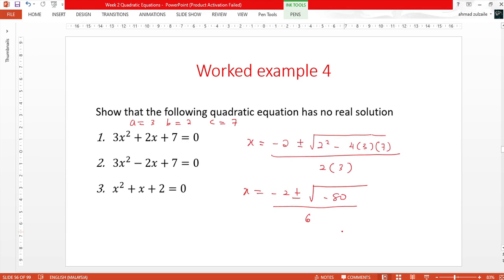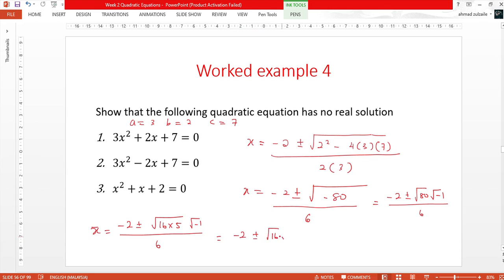So what you can do is factorize: -2 plus minus the square root of 80 times the square root of -1. If you press your calculator or find the common factor for this square root of 80, the square root of 80 is actually from 16 times 5, times the square root of -1, over 6.